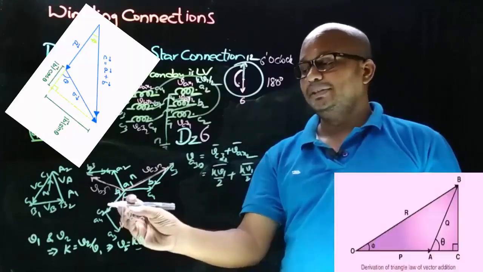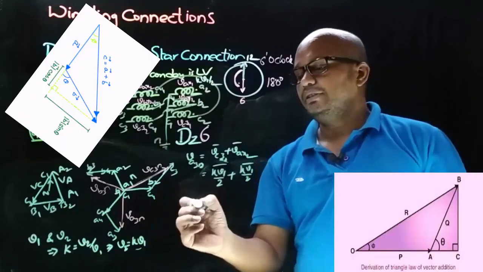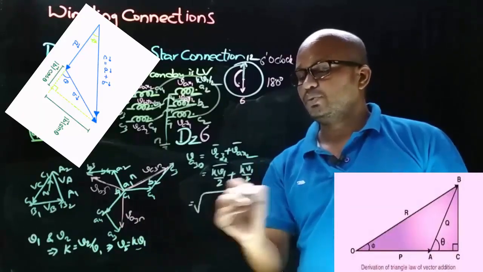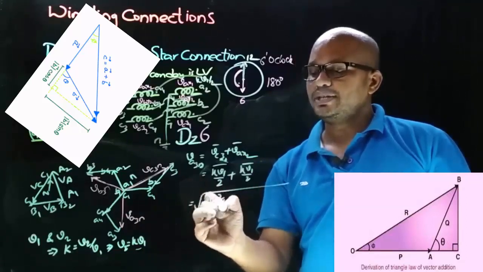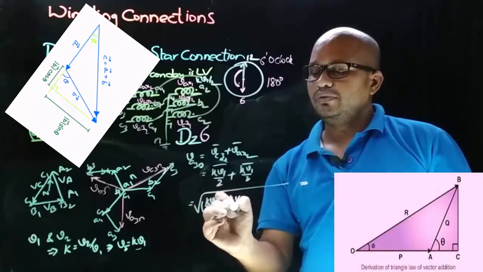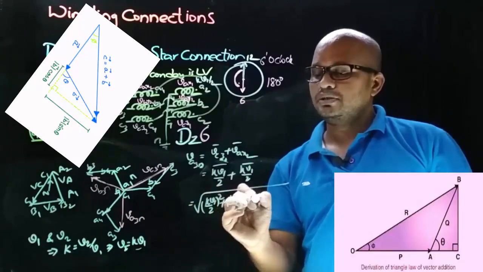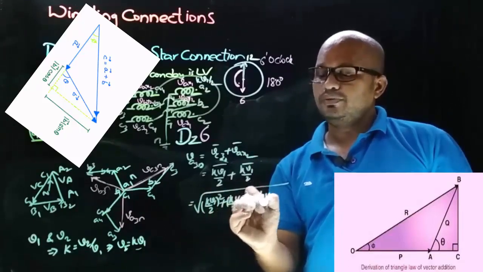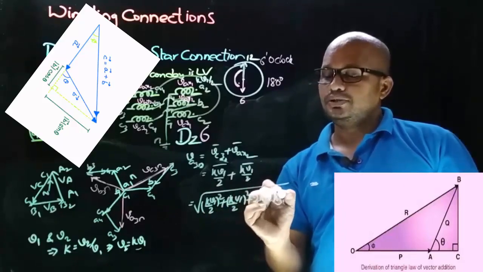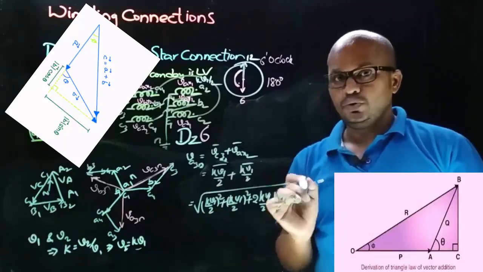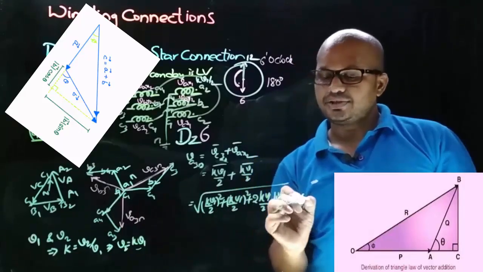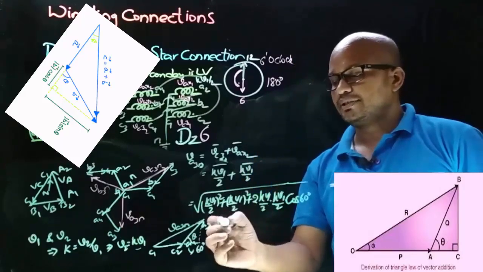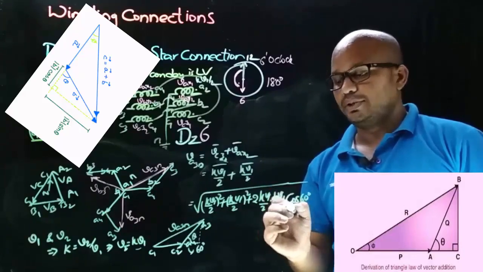And now if you apply the triangle law of vectors, then that can be taken as equal to root over K into V1 by 2 whole square plus K into V1 by 2 whole square plus 2 into K into V1 by 2 into K into V1 by 2 into cos theta. And from this diagram, the theta angle is 60 degrees. Therefore, solve this, that cos 60 degrees is 1 by 2.